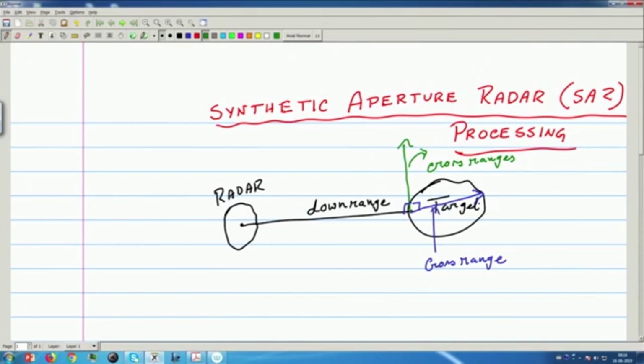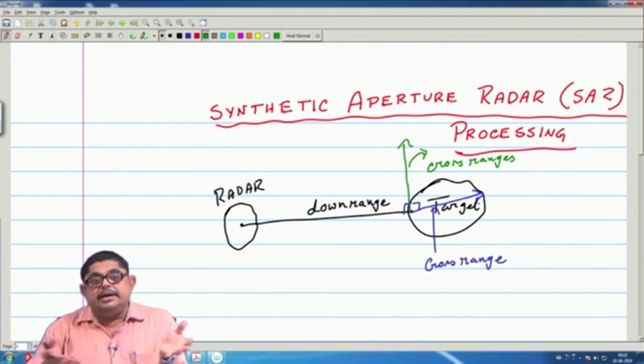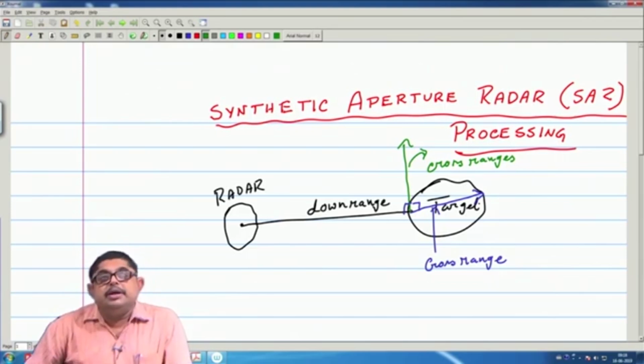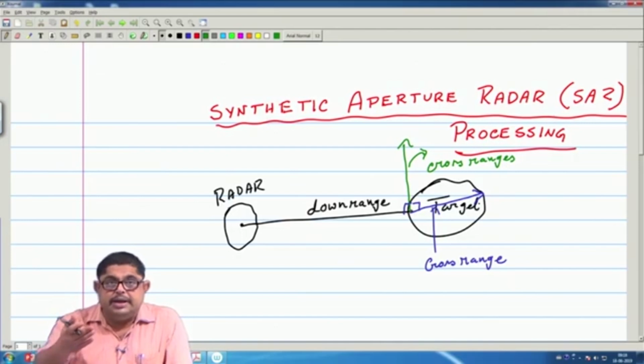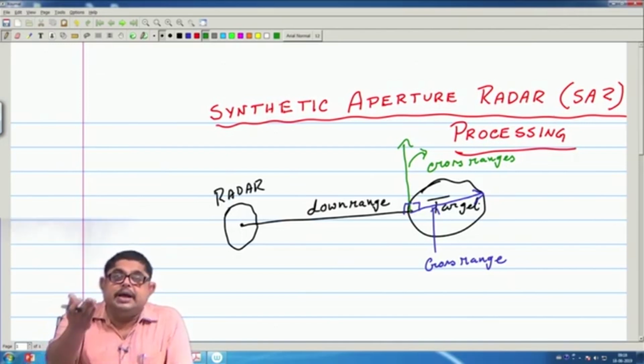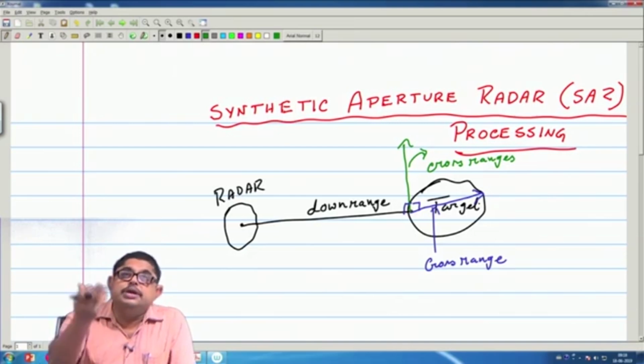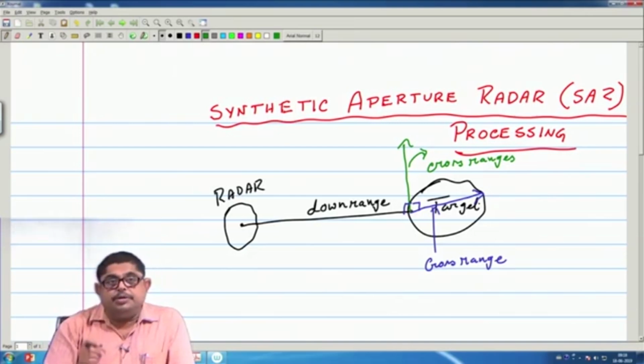It is a very novel concept, and as the name suggests, synthetic aperture means that if I make an antenna larger and larger, its beam width will be narrower and narrower, and basically the beam width is the resolution, because anything coming from within the beam width we say is coming from one single object, even if there are two or three targets in the one beam width.